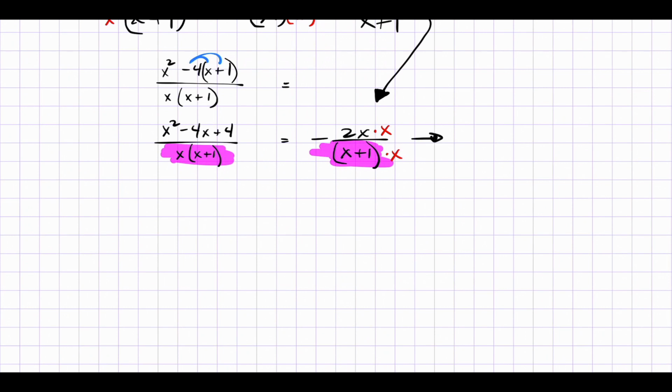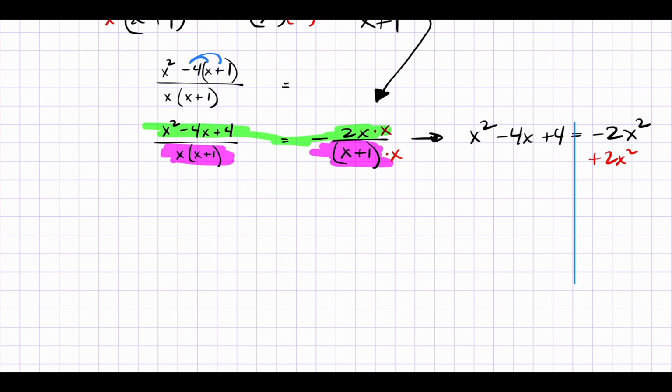So you get x squared minus 4x plus 4 equals -2x squared. (3x squared minus 4x plus 4).